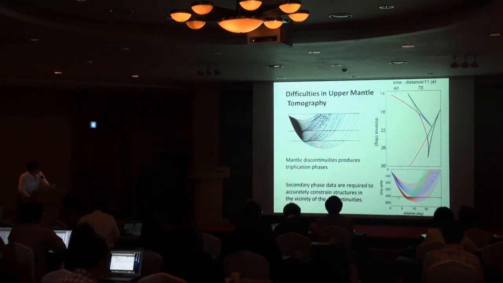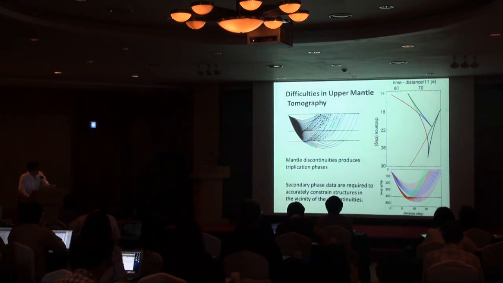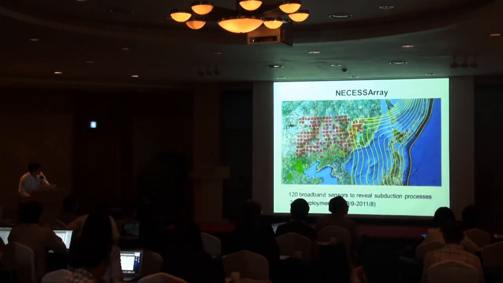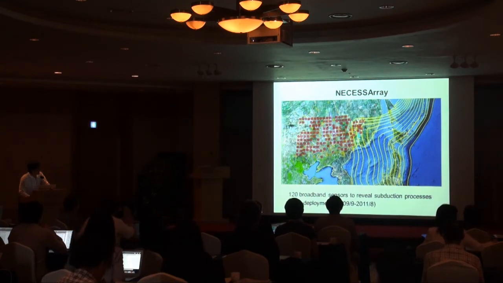If we want to accurately constrain the structures in the vicinity of the discontinuity, we have to utilize the information of the secondary phase as well as the initial phase. Fortunately, we have deployed 120 broadband sensors, and they have an ideal geometry to reveal the detailed structures in the subduction region.